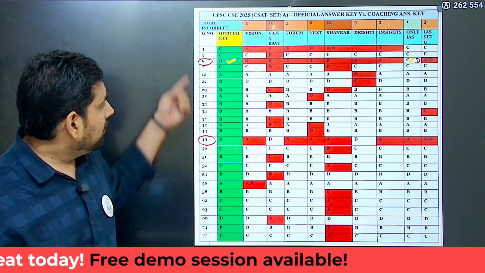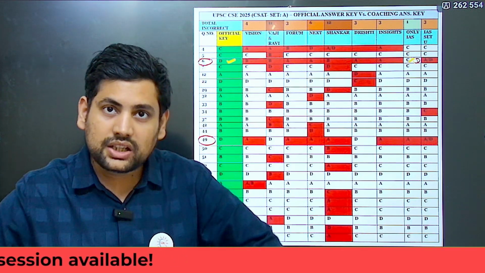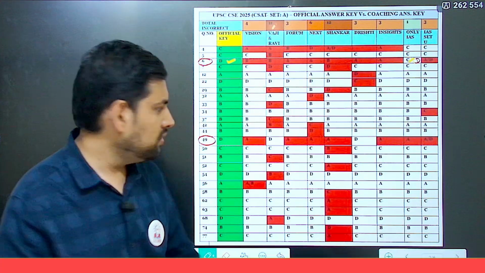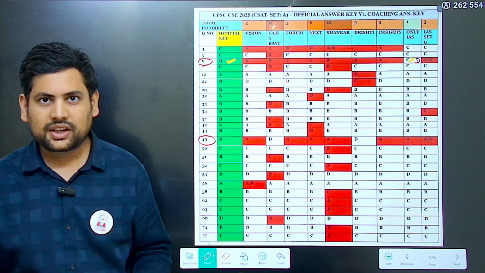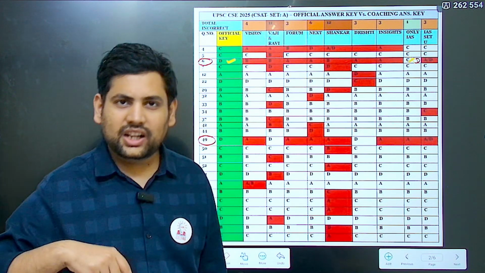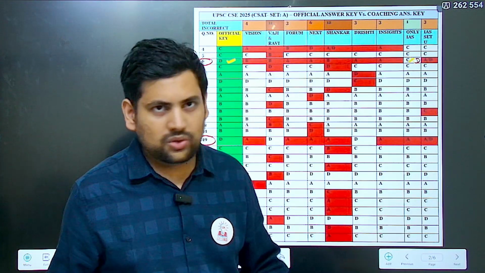Now, why only these two questions? Understand, because these come from the mathematics and reasoning part. See, there are a lot of interpretation issues with respect to RCs, and you need not worry much about it. Some questions you may get correct, some incorrect. That is the same for everybody. Nobody can really guarantee everything in RC.